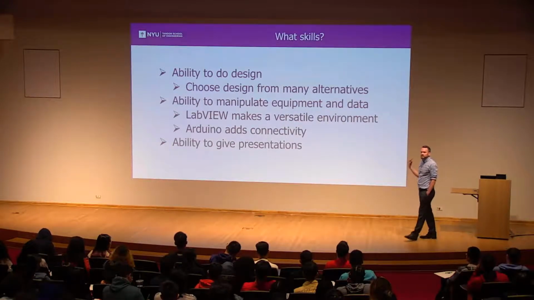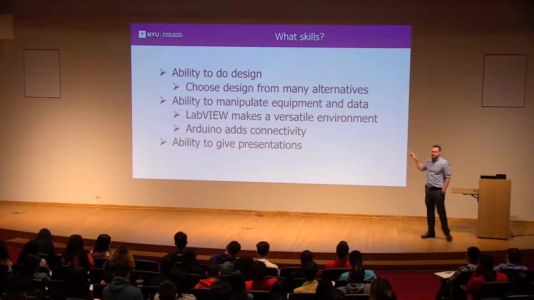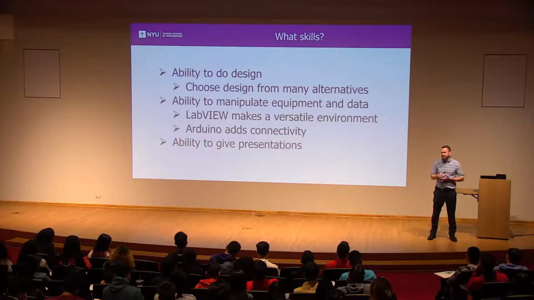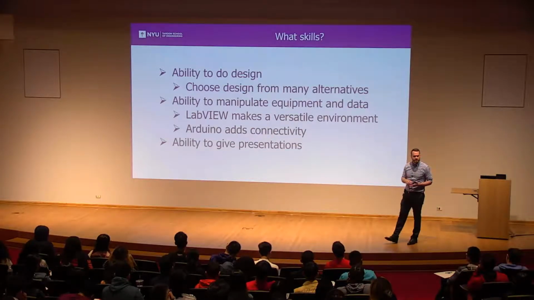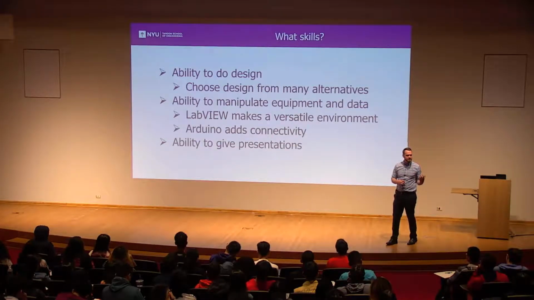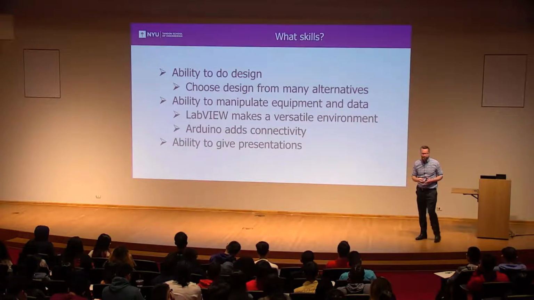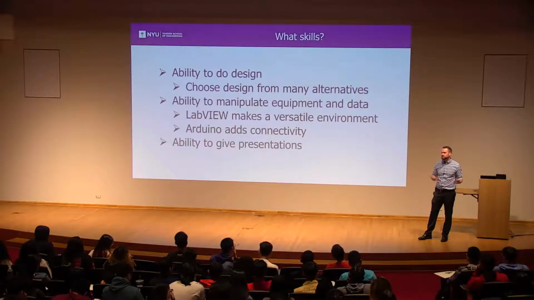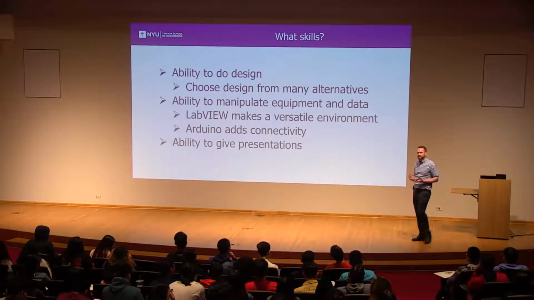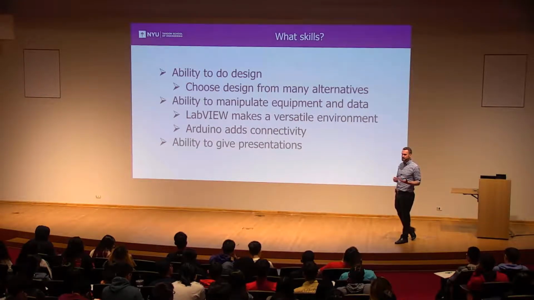They also want an ability to manipulate data. Data analytics is critical, as well as equipment. So we introduce you to LabVIEW so you understand the basic functions that go into the logic for controls, as well as Arduino, which has a cheap way of adding connectivity to any device, any everyday ordinary device that you use.